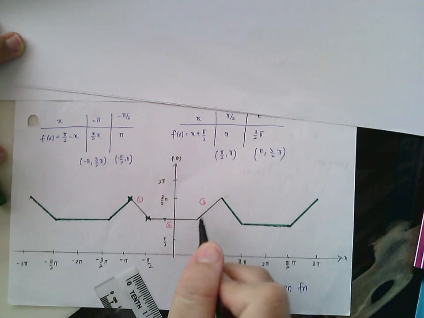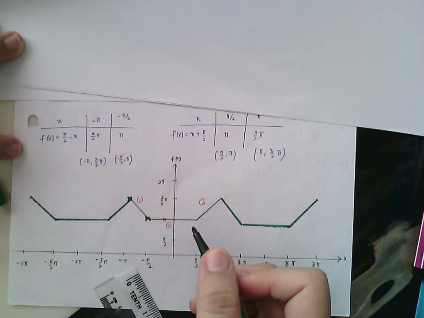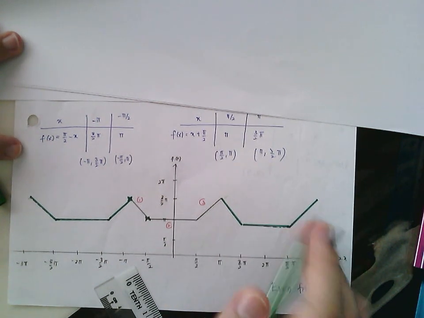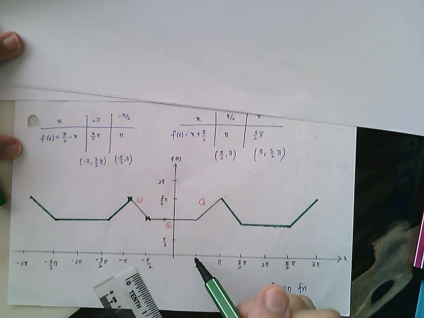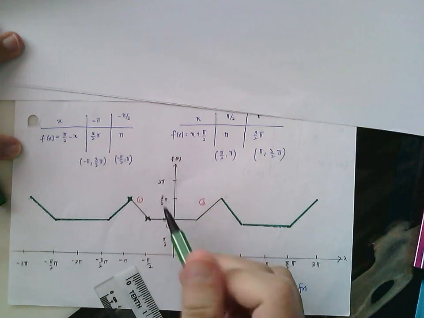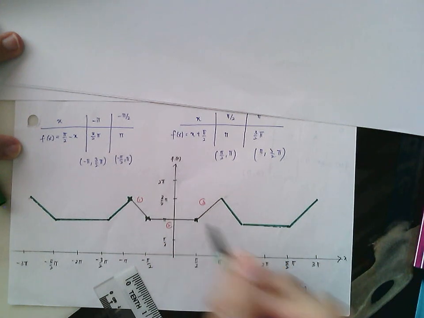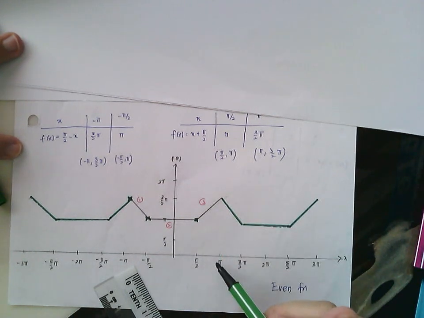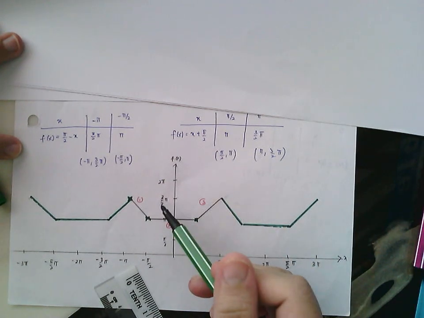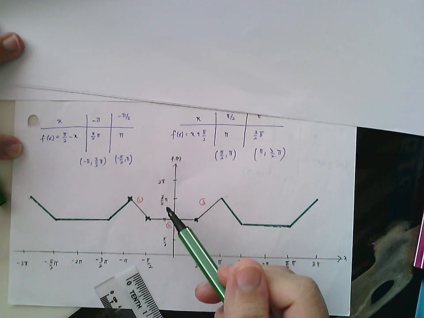Okay, for the third function, the first value is pi over 2 and pi. So x is equal to pi over 2, your f(x) is equal to pi, so you will have this one point. And the last point is x equal to pi and your f(x) is equal to 3 over 2 pi.